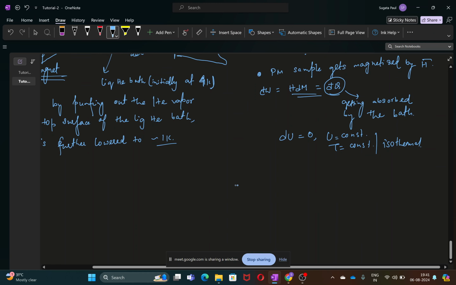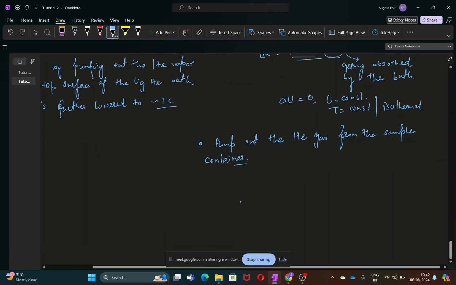Now after this happens, we pump out the helium gas from the sample container fully. So if this helium is pumped out, that means there will be no convecting medium between the system and the surrounding, or the paramagnetic sample and the liquid helium bath.